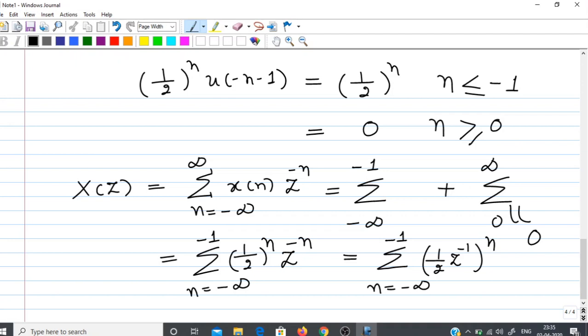And if I make use of a change of variables, let's say n equals minus m, and substitute in this summation, then this summation would be X of z, with m instead of n, because n is minus m.